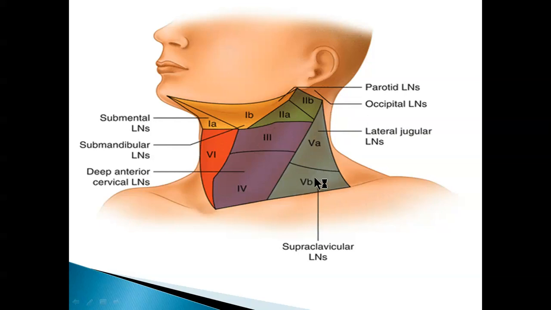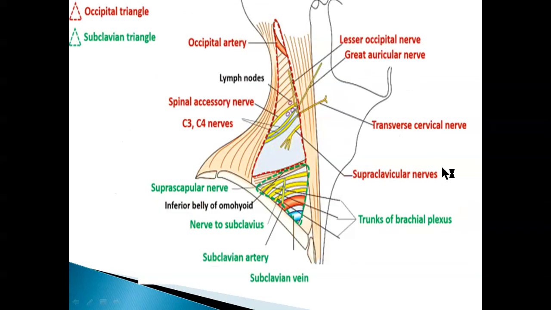So 5B would be your supraclavicular lymph nodes included in your supraclavicular triangle. Very, very important lymph nodes, because metastasis into these would ultimately lead to metastasis anywhere in the body, especially from gastric cancer, to be more precise.